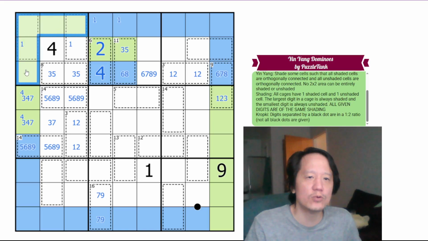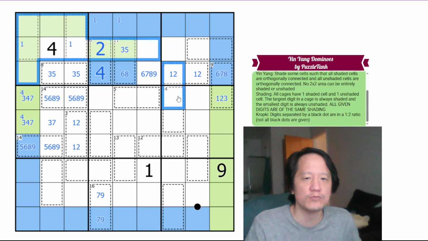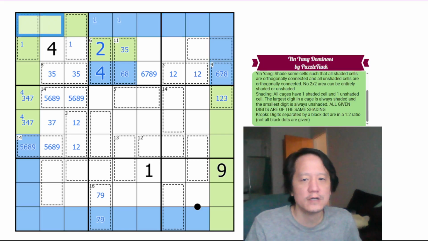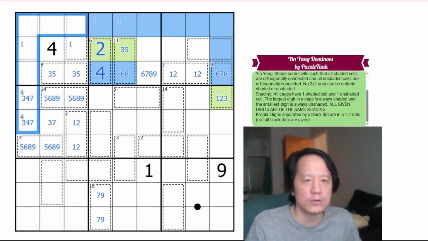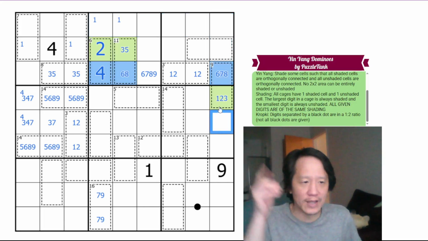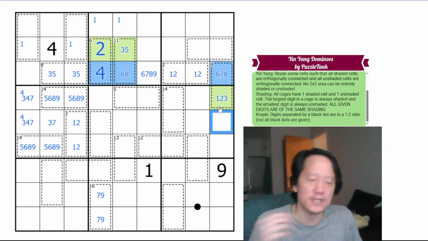But how do you orthogonally connect from this green region to this green region and then orthogonally connect the blue regions? You can't. So that's why you can only swap twice on the edge of a yin-yang shading.